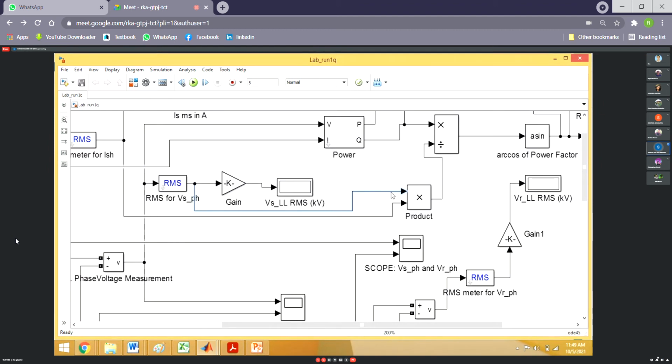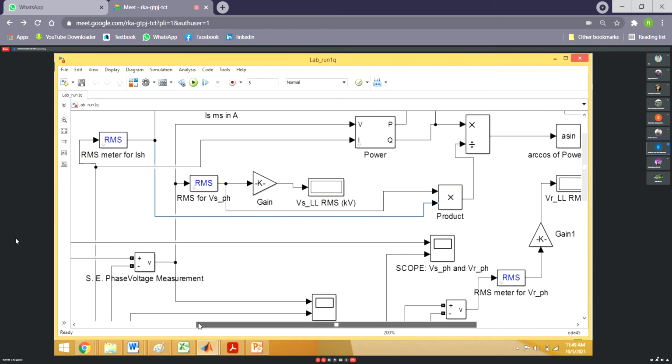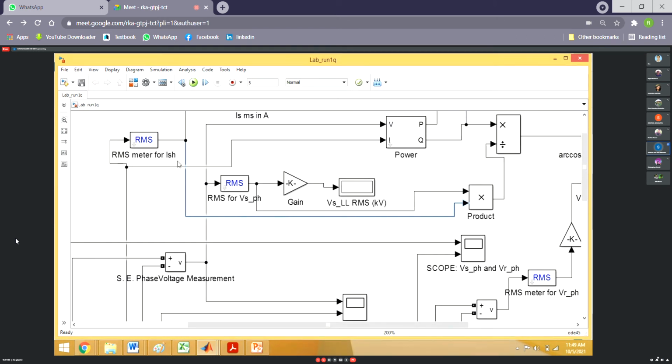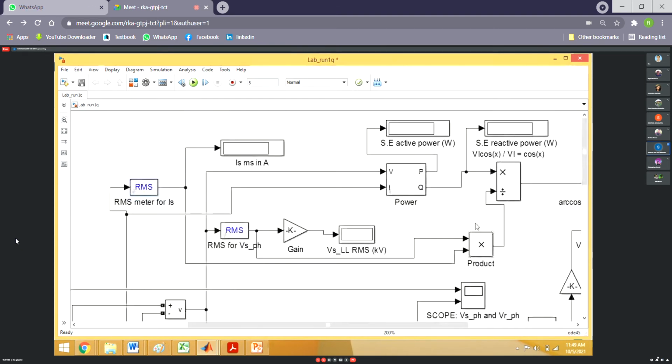That is one terminal, and another is the RMS sending end current, this will be IS, right? Those RMS current and RMS voltage are multiplied, and that is in the denominator, and in the numerator there is reactive power. Have you understood?